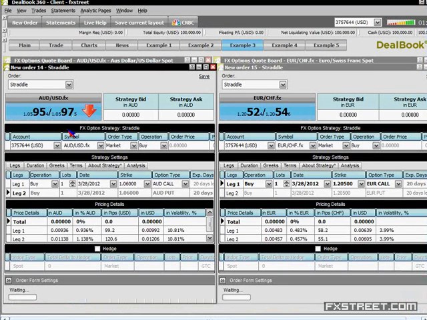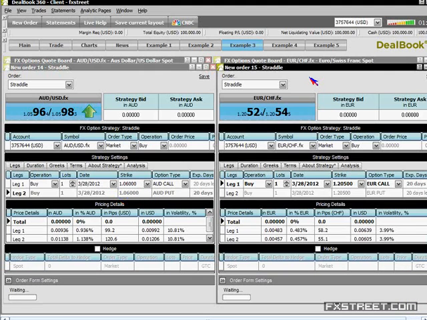Okay, on the left side we've got Aussie versus dollar. We're looking at an at-the-money straddle, which is a call and a put for the same strike and the same expiration. On the right we have the Euro versus Swiss, with the same expiration date, and we're also looking at the at-the-money straddle there.